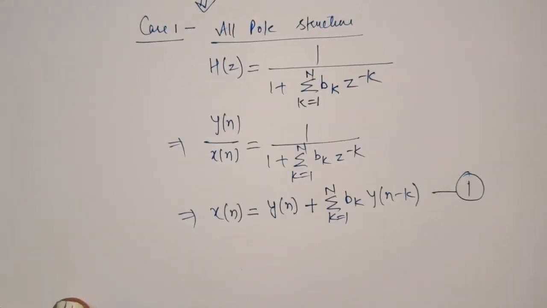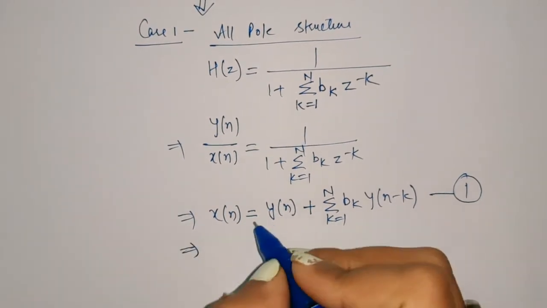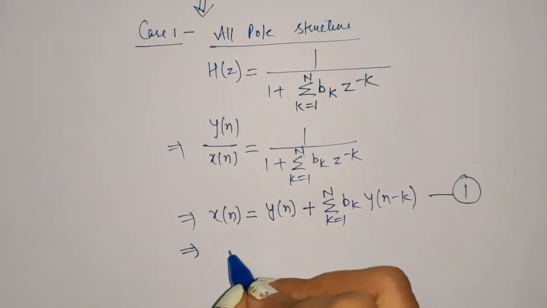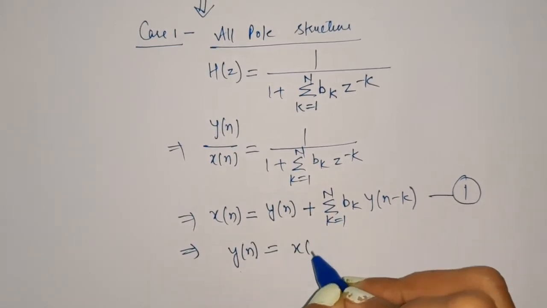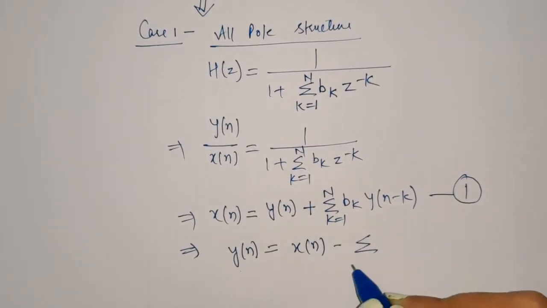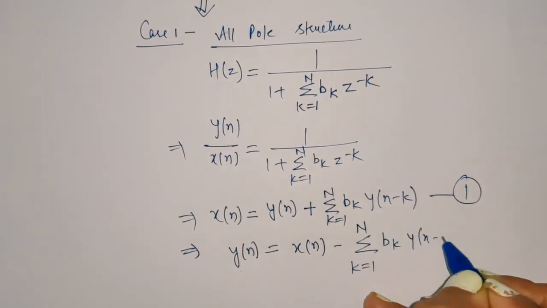Okay, so now our equation would be like this. That means in this case your yn would now become xn minus summation k equals 1 to n bk y n minus k.